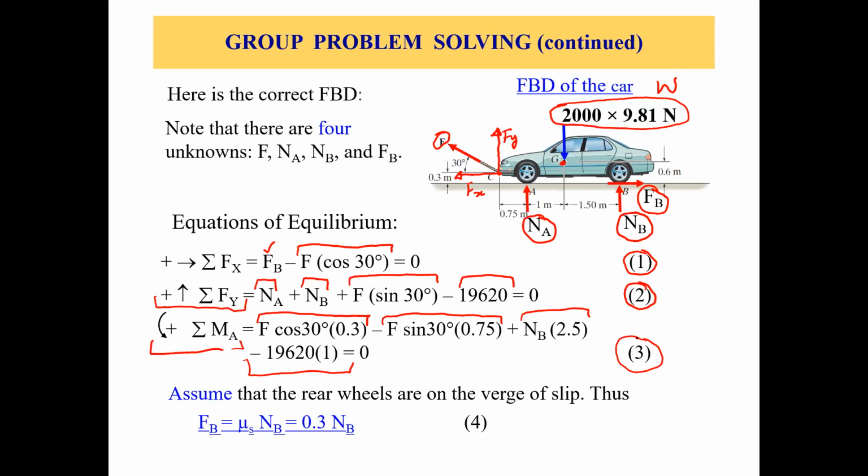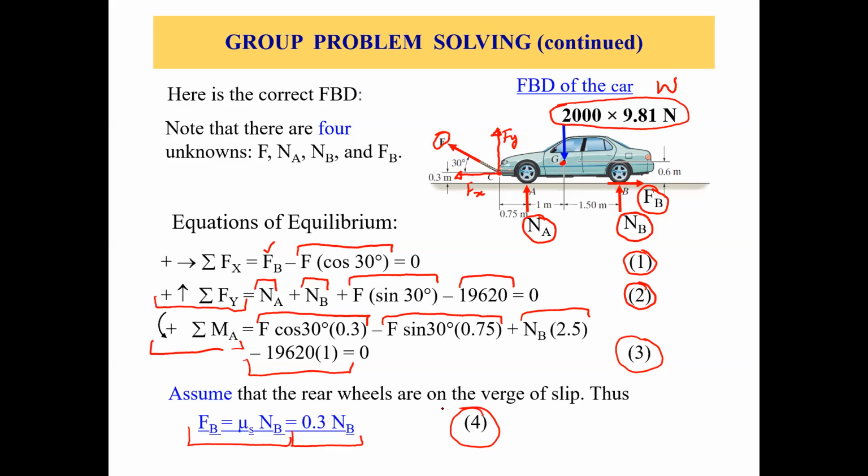Once we have the impending motion, we can write this equation: FB equals mu s times NB. This is the friction between the back wheels and the road. We already have the value of mu s, which is 0.3. So we get FB equals 0.3 times NB. This is our equation 4.